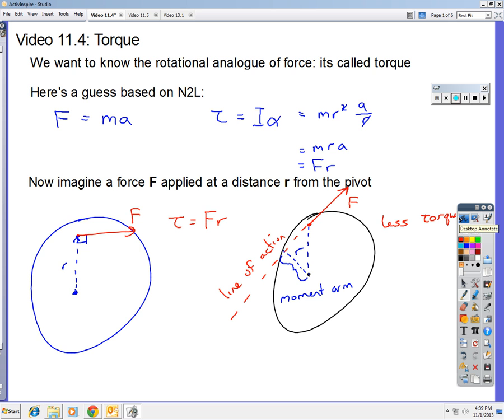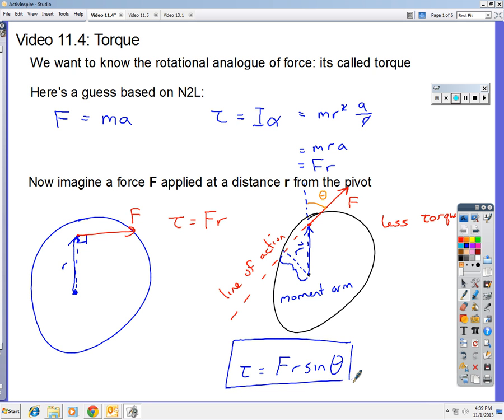And that allows us to note that the angle between the r vector and the F vector matters. And we'll find that if we continue the r vector and define this angle between r and F as theta, the torque equals F times r times the sine of theta.